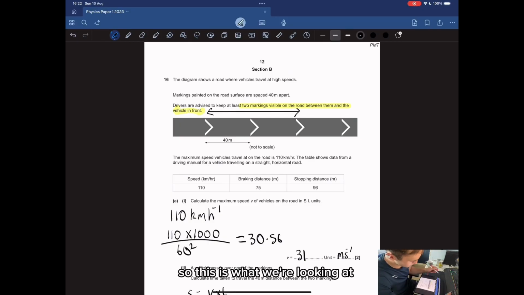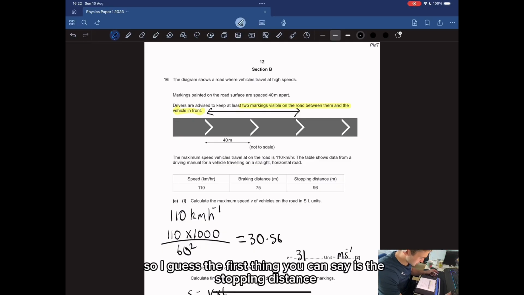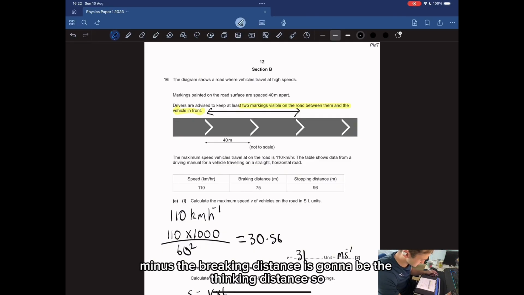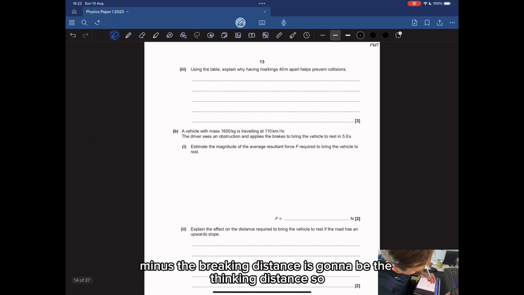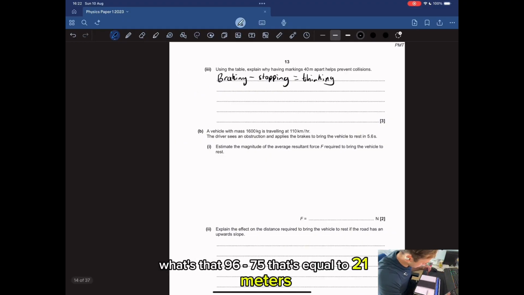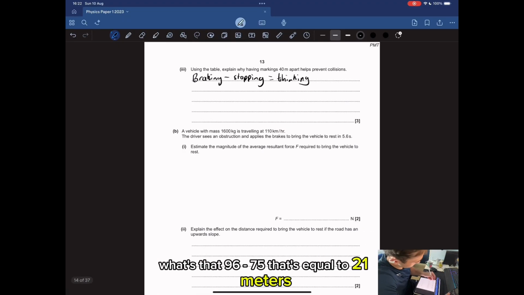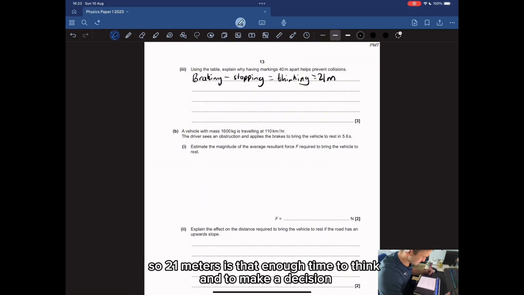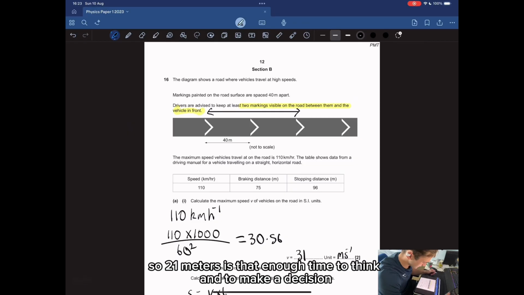So the stopping distance minus the braking distance is the thinking distance. 96 minus 75 equals 21 meters. Is 21 meters enough time to think and make a decision?